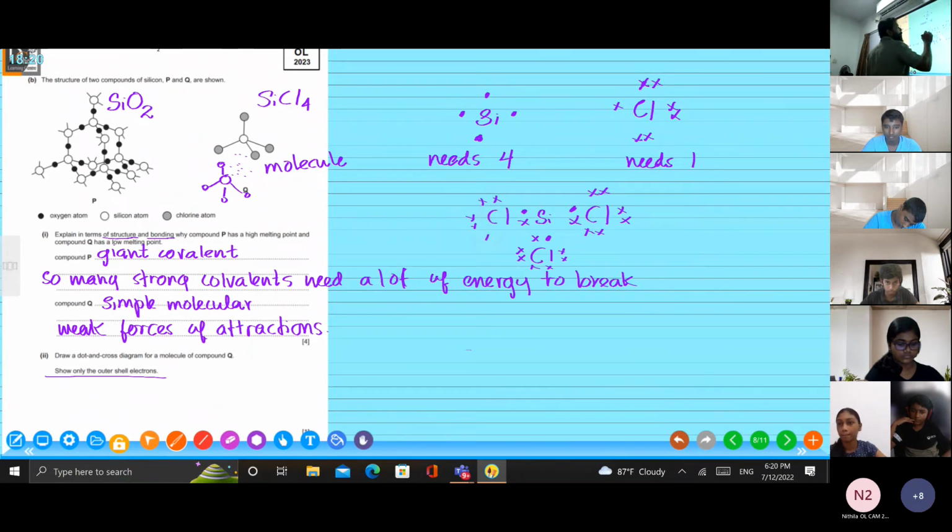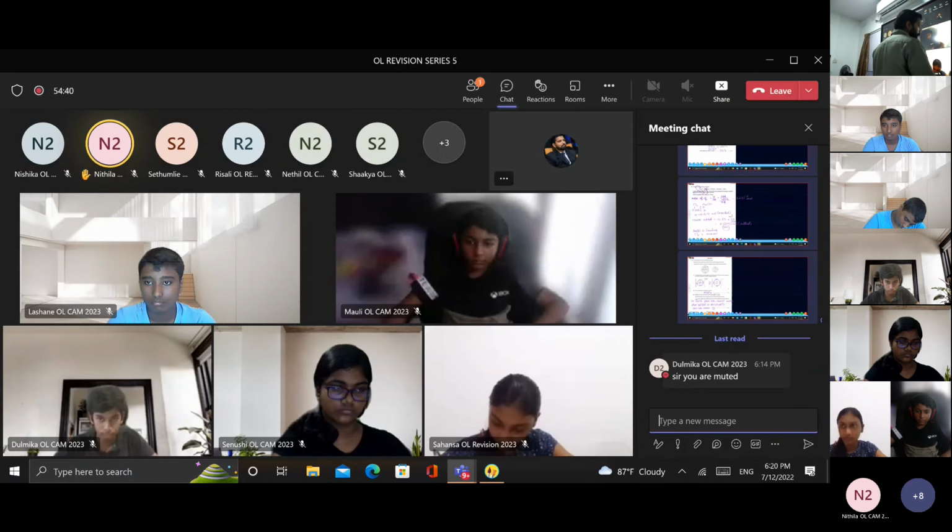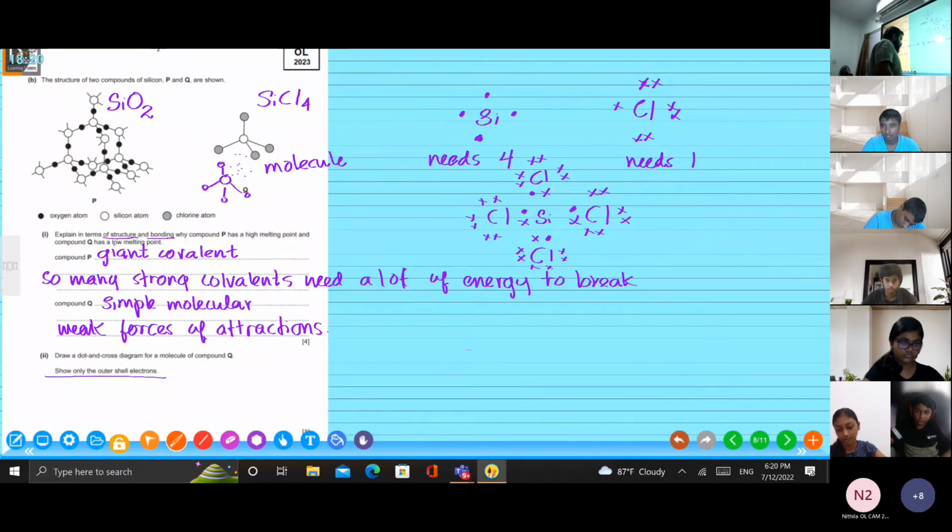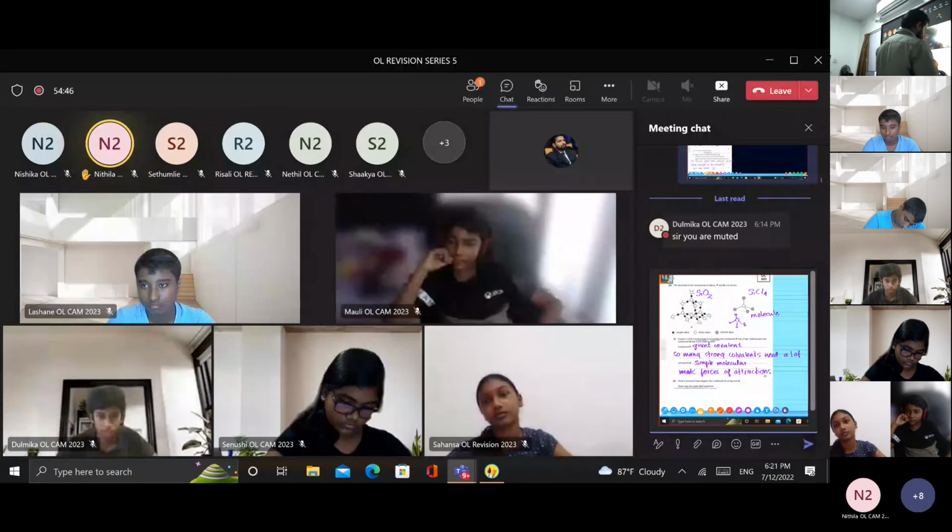So you are going to draw the structure like this. That's the full description of this question. It's just 1 mark because they have given the structure already. If you make one mistake, like no non-bonded electrons shown, or the number of electrons or bonds is wrong, then you lose it all.